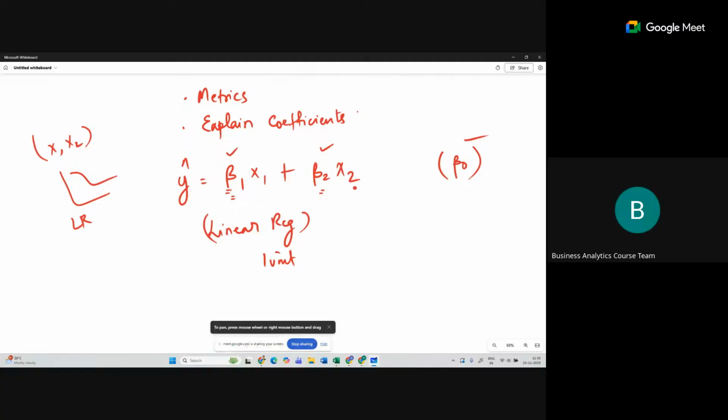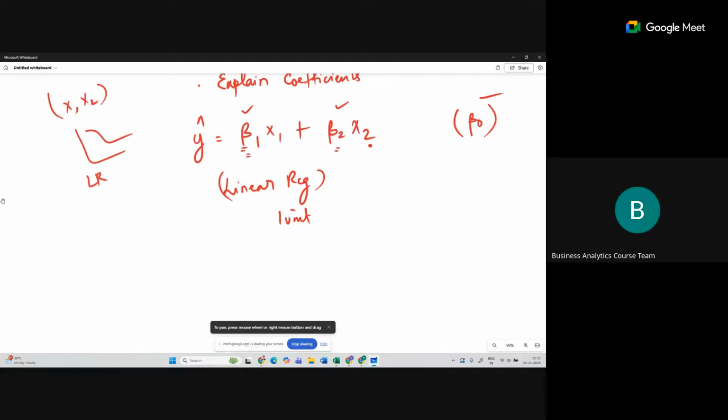This is linear regression. But now we have logistic regression, and in logistic regression, what are we estimating? It is called the log of odds. What is odds? It is p by 1 minus p, whereas log of odds is equal to log of p by 1 minus p.